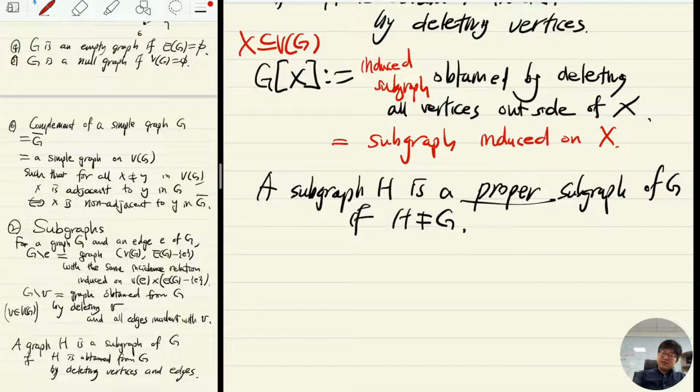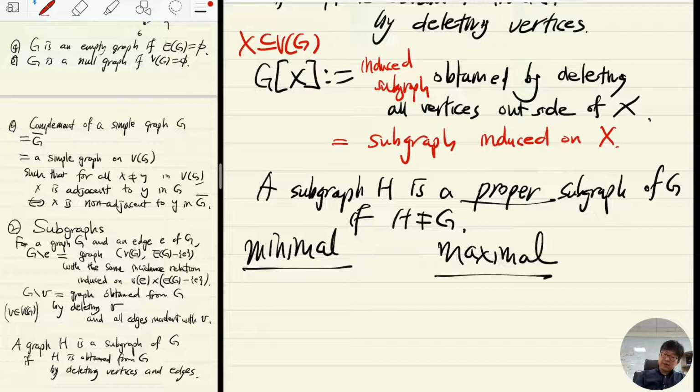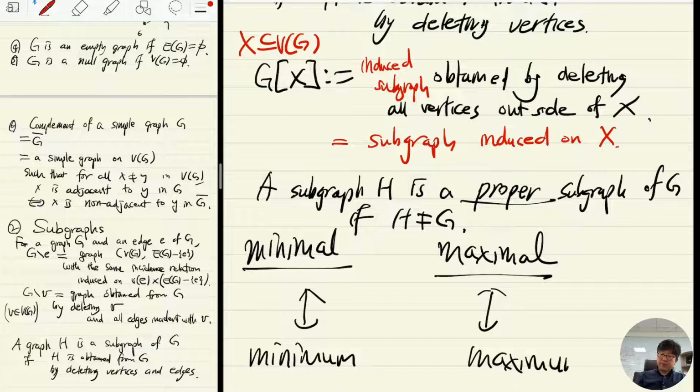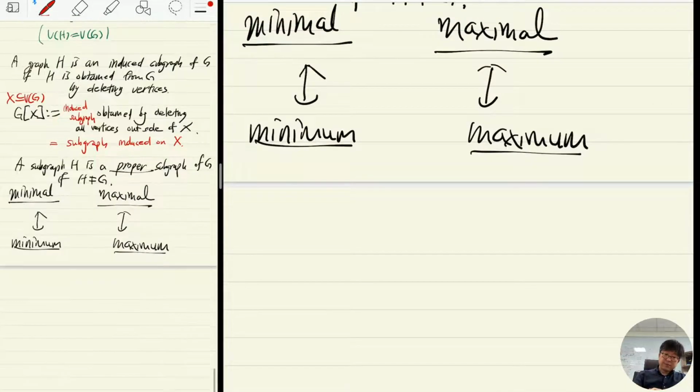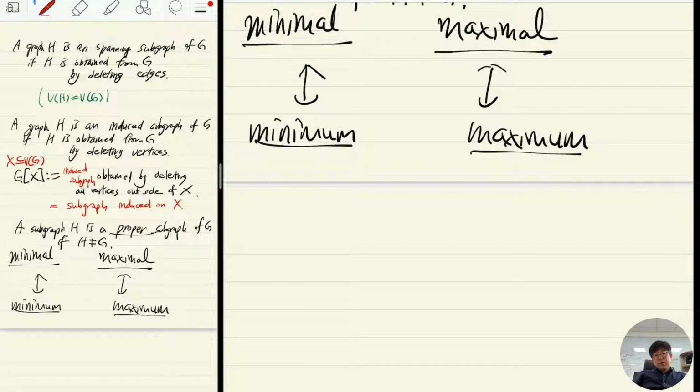Now here is an important terminology: minimal and maximal. And you have to be careful distinguishing minimum and maximum. So what's the difference?